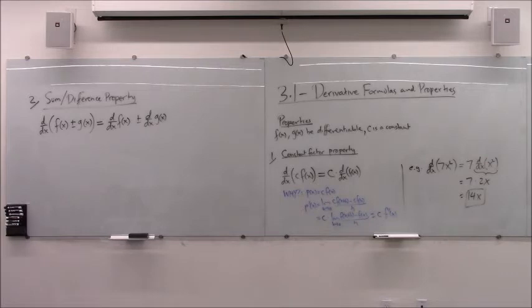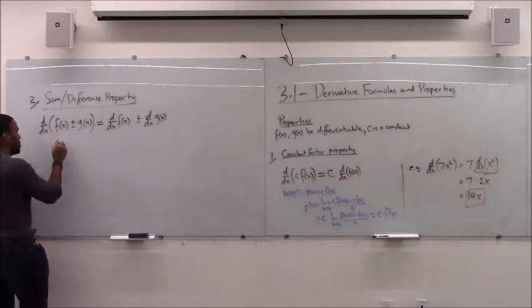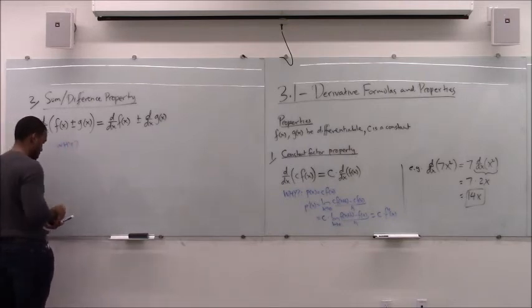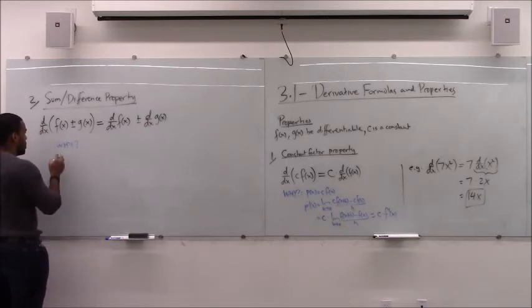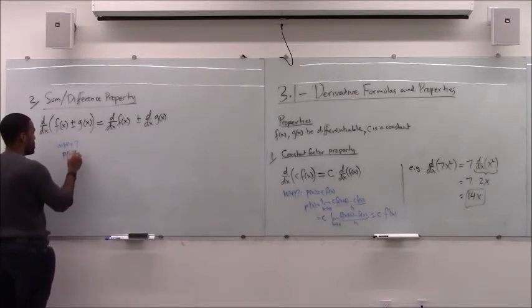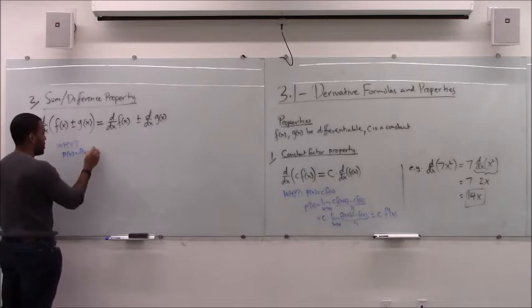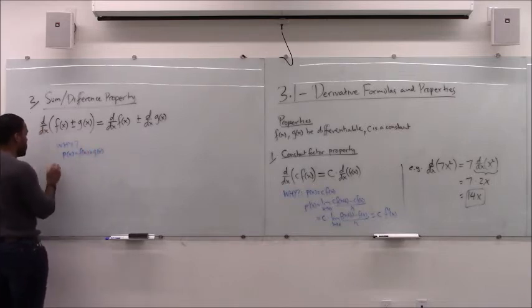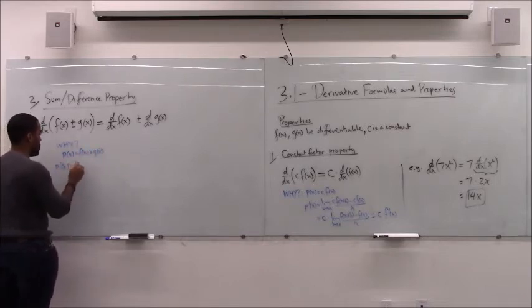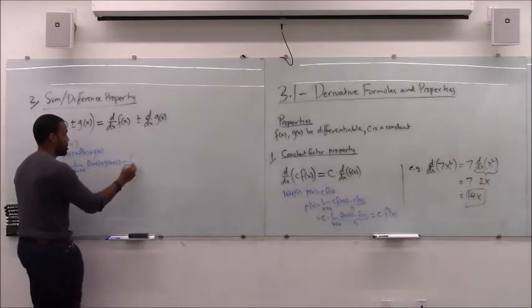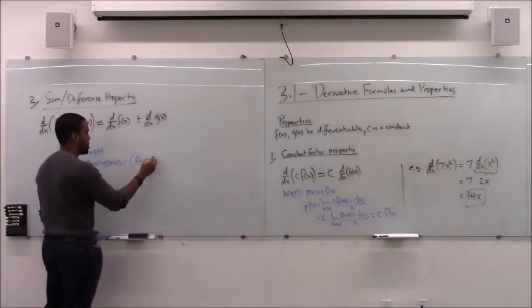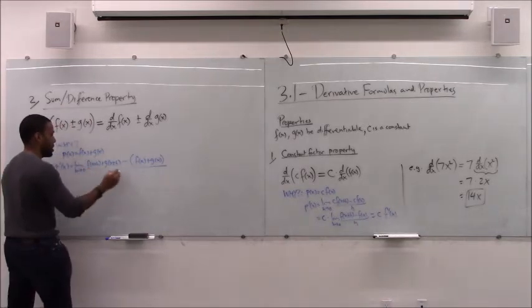And that one's also not so bad to see. Why does that work? Well, if your p of x is f of x plus g of x, then if I want to find p prime, this will be the limit as h approaches 0 of f of x plus h plus g of x plus h minus parentheses f of x plus g of x, all over h.